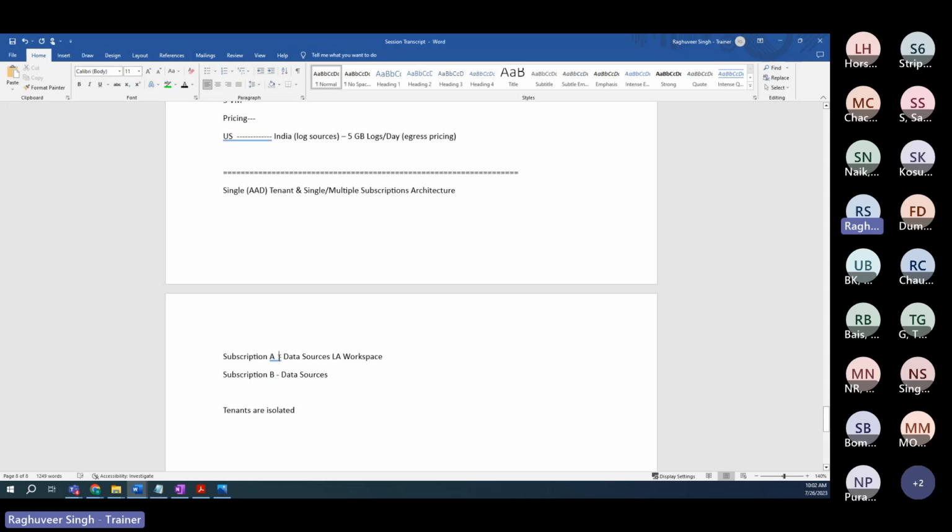So I can create my Log Analytics workspace in any of the subscriptions, and the other subscription's data sources can be configured to send logs to the Log Analytics workspace in the other subscription, provided both the subscriptions are part of the same tenant. This is the architectural consideration.